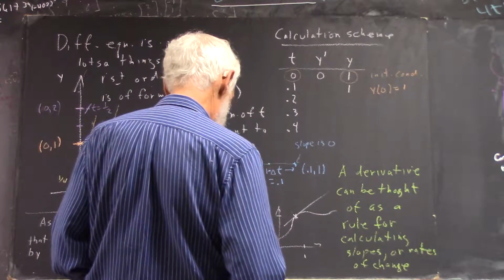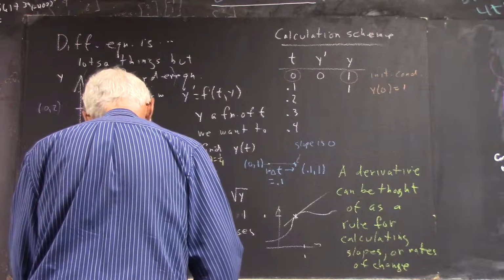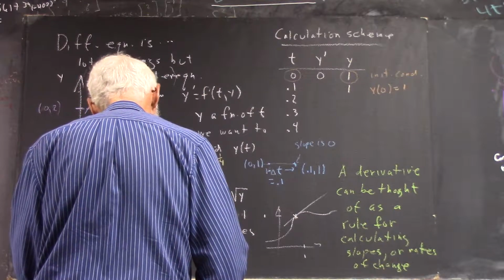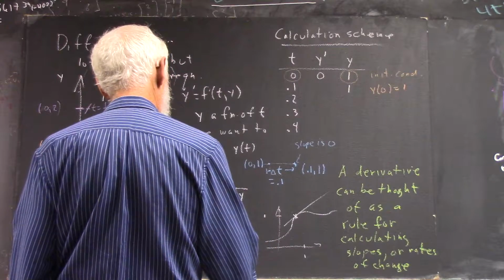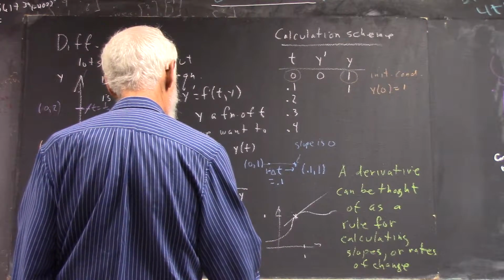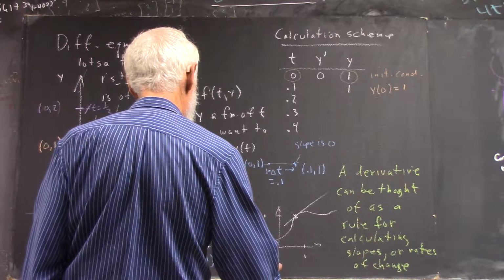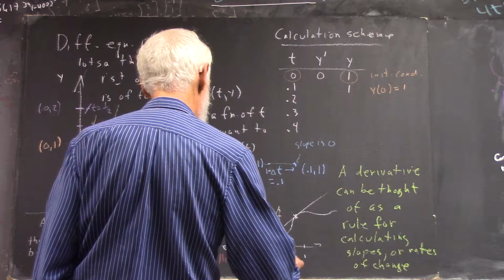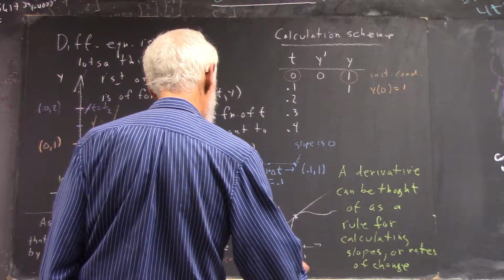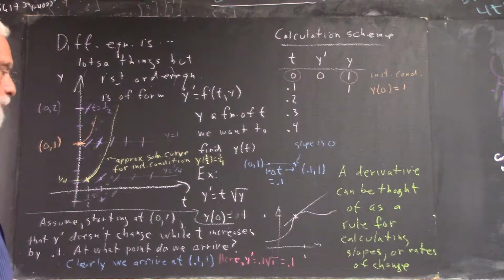So, in big red letters, with the reddish marker here, y prime is 0.1.